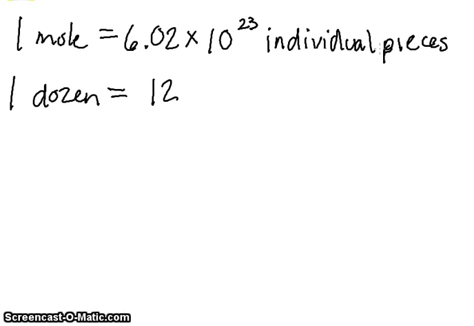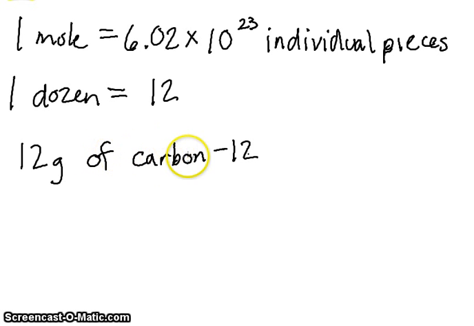represents 12 individual pieces. So how did we come up with this number? It seems like a pretty random one just to pick out. The way that the mole was defined was 12 grams of a specific isotope of carbon. So this is 12 grams of carbon 12, the 12 referring to its mass number.